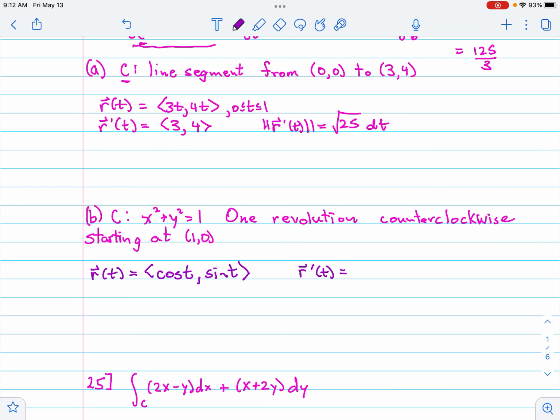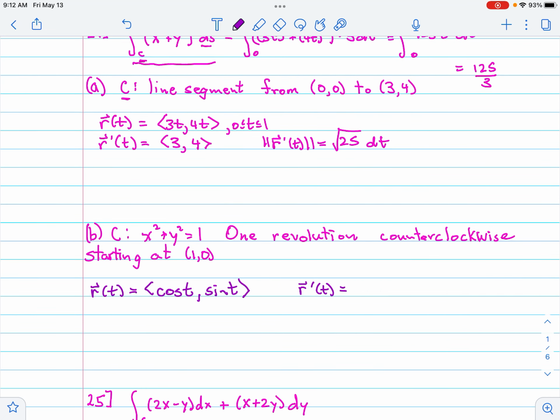And that is going to give us negative sine t, cosine t. Now I need the magnitude of that, which is going to be the square root of sine squared t plus cosine squared t. And that's just 1.